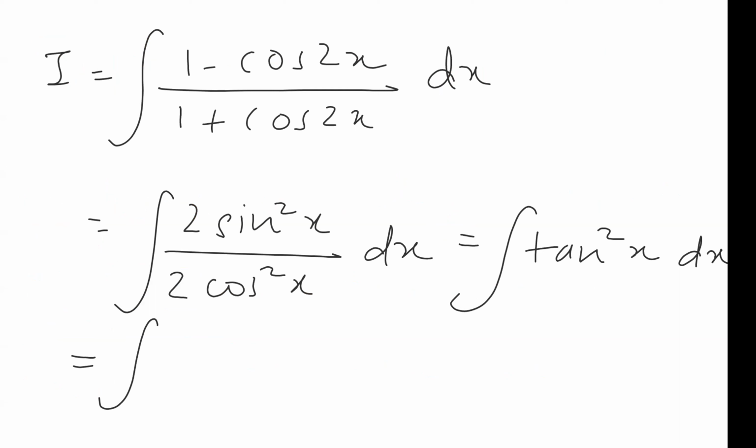Is the point clear which I'm trying to make over here? Whenever you see tan square or cot square, you have to use the fundamental identity first. So this will be sec square x minus 1 as per the fundamental identity. Then individual integration.